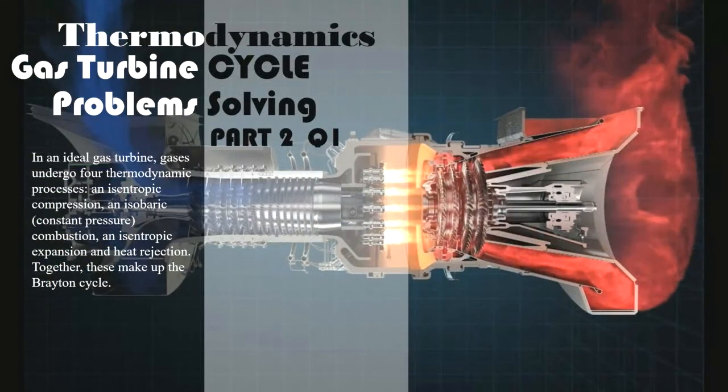Hi. Here we will be doing the problem solving for the open gas turbine unit, the simple open gas turbine unit. This would be your first example, or question 1.